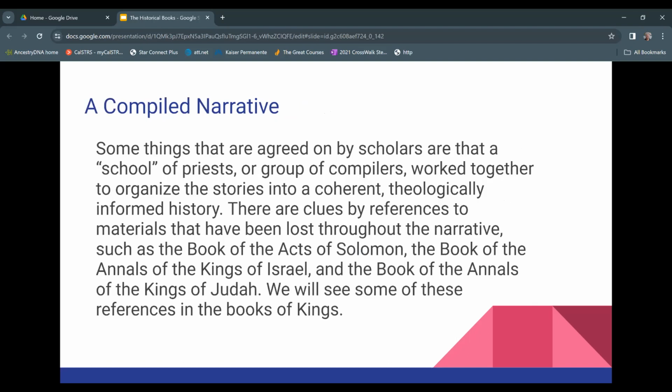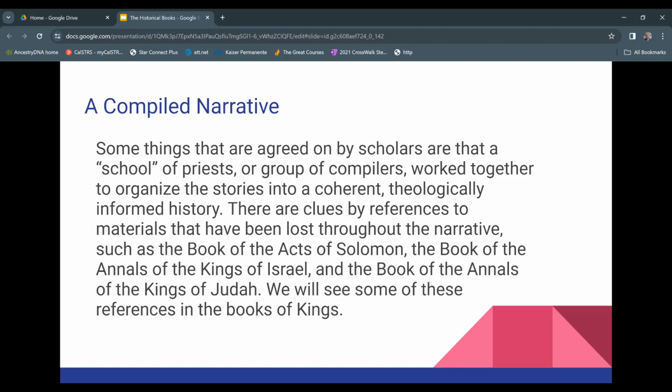Some things that are agreed on by scholars are that a school of priests or groups of compilers worked together to organize the stories into a coherent, theologically informed history.